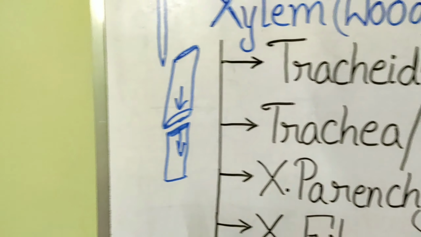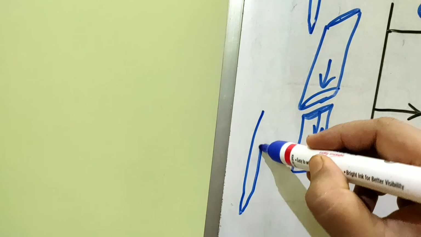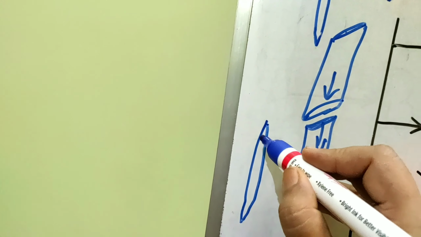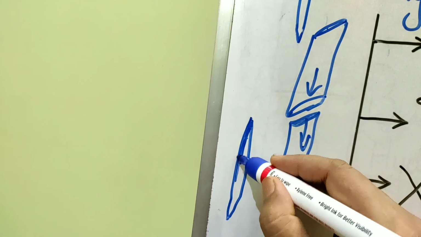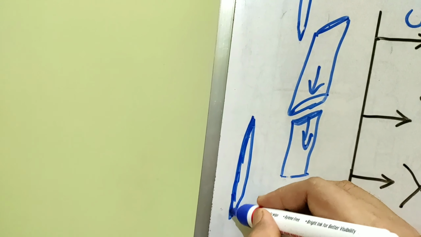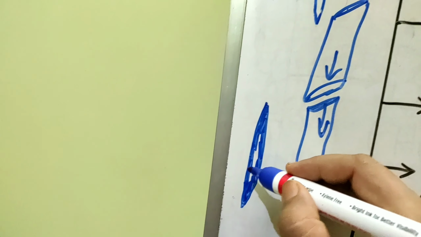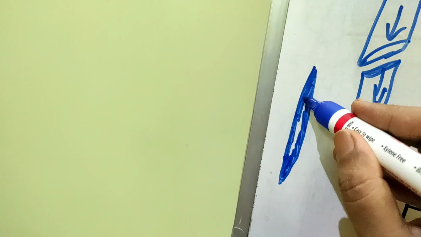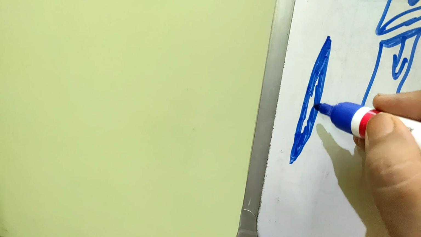Let me draw, then it will be clearer for you. Suppose this is a xylem fiber, so the lumen is very narrow in them. That means they have a very thick cell wall, like this. And the lumen means the inside, that is this cavity.